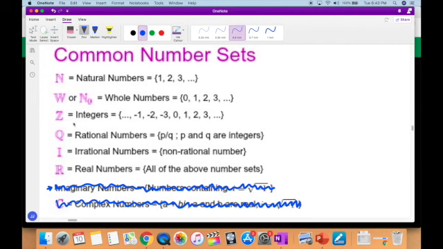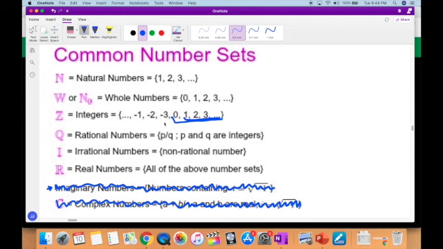And if you look at this here, we have integers next, and notice natural numbers is N, whole numbers is W, and for integers we use Z. We don't use I, we use I for irrational. So integers we use Z. And if you look at the integers, you have all of the natural numbers in here. You have the 0, which means you have all of the whole numbers in here.